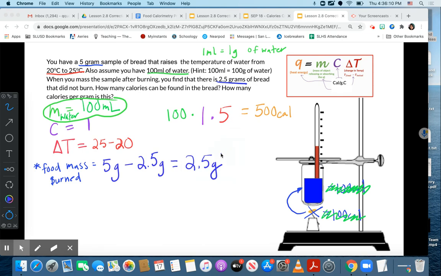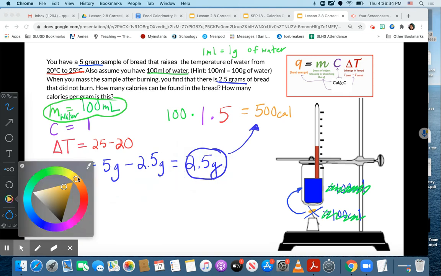So I know that 2.5 grams of the bread will give me 500 calories. But what if I want to know how much is in 1 gram of food? Well, I would just need to split this 500 calories up between each gram that exists.